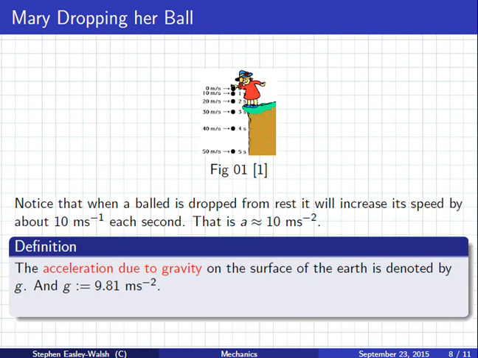This is called the acceleration due to gravity, and we use the letter G to represent it. 9.81 is what we use for this class. If you studied physics before, maybe you used 9.8 or even 10.